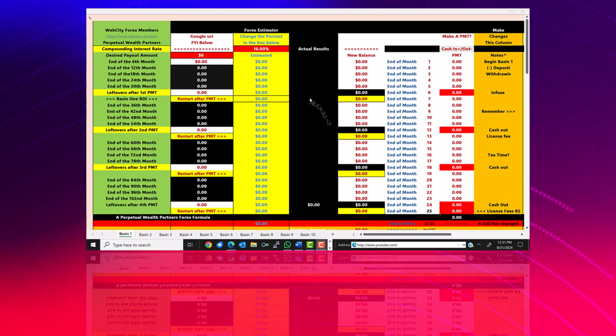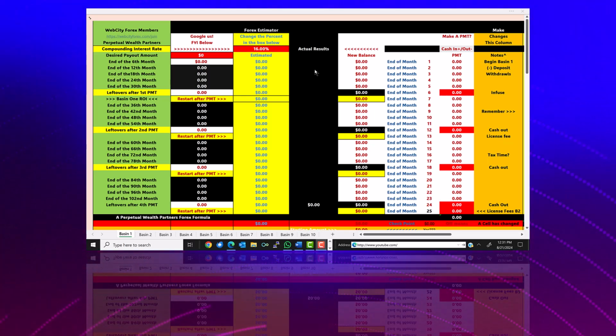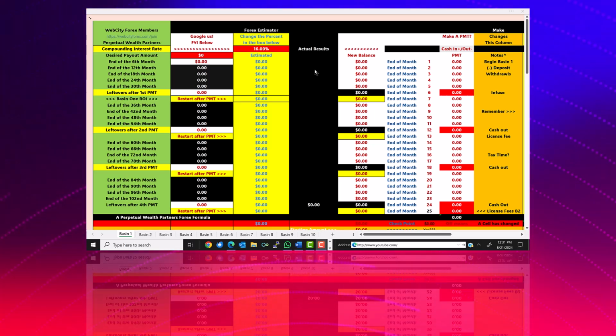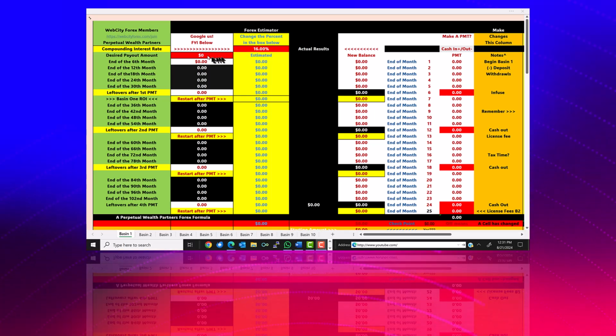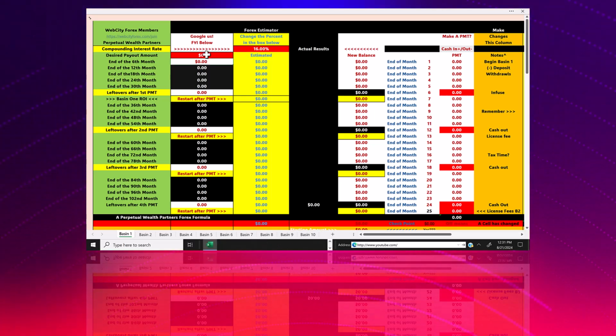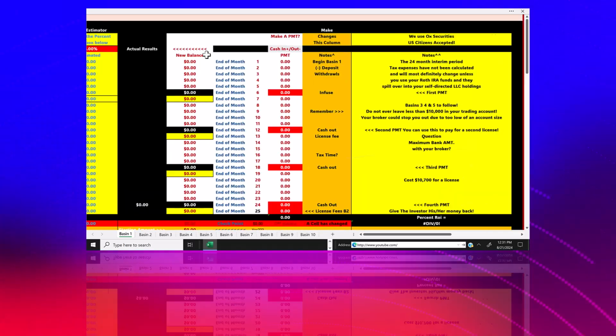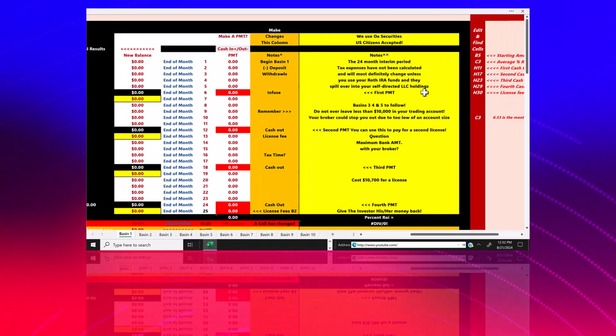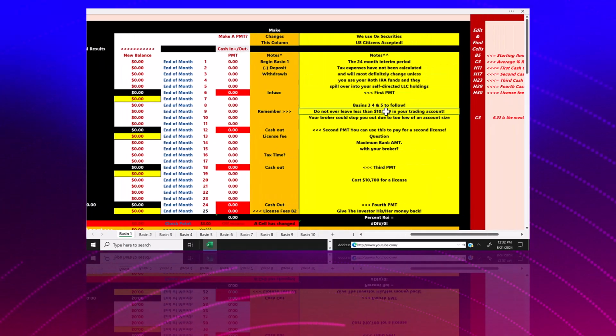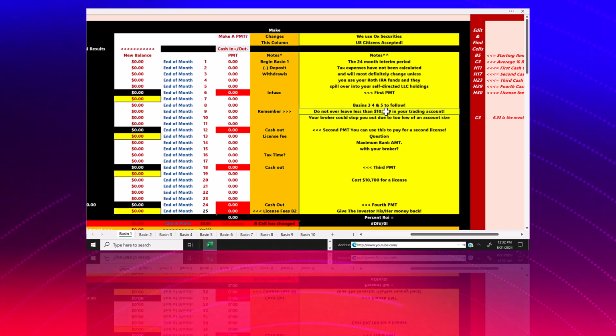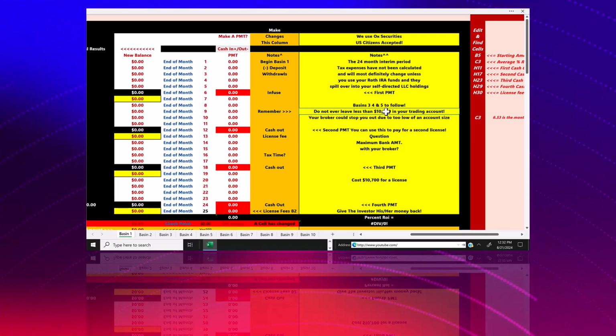This is version 5. I've been changing it a little bit here and there, tweaking it. Let's go ahead and start with a $10,000 payment. The reason we do that is because over here, we don't want the margins to close us down in a trade when we're over leveraged.